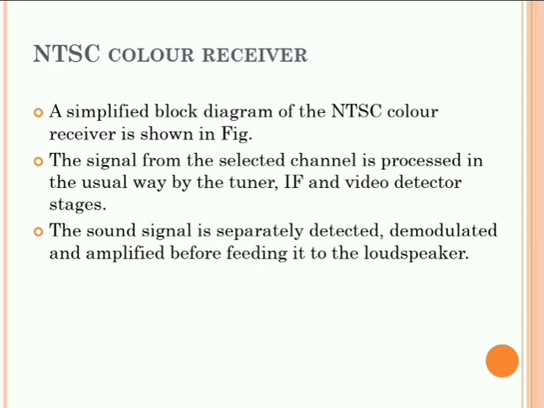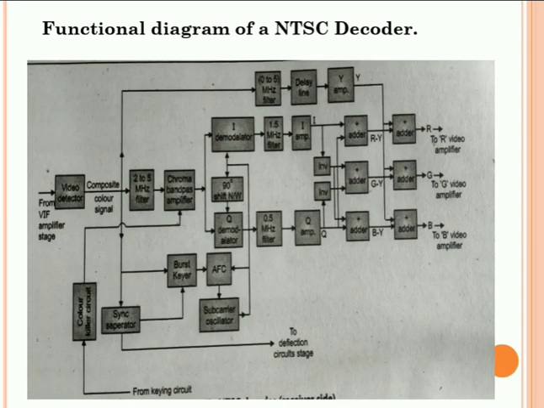Now we will see the block diagram of the receiver. This is the block diagram of the NTSC decoder. From the VIF amplifier stage, the chrominance video signal goes to the video detector. After that, it forms the composite color signal, which is limited to 2 to 5 megahertz and passes through a 2 to 5 megahertz filter.